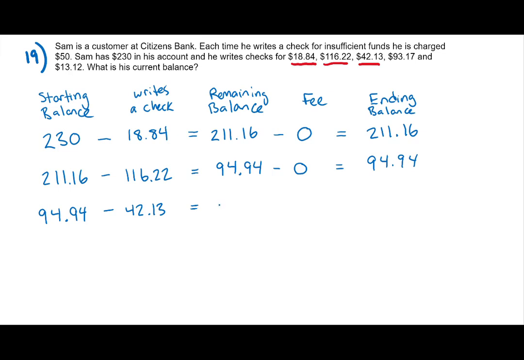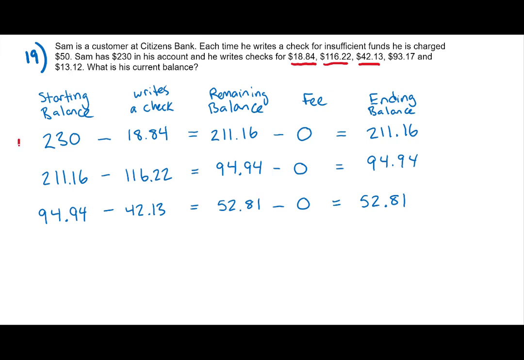You'll have a remaining balance of $52.81. There's no fee because still he has money in his account to cover the check. So his ending balance will be $52.81. Now, just because this is how I'm setting up the problem doesn't mean this is the way you have to set it up. Just this is a way that makes sense to me in terms of how to organize all of the information in this problem.